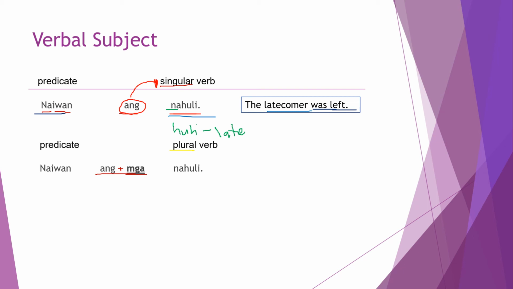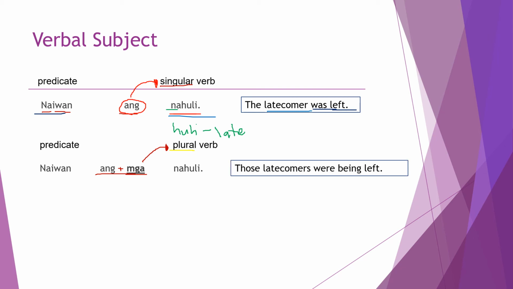So, the verbal subject in here is ang mga nahuli, making it plural. So, the translation for this is, can you guess it? Alright, those latecomers were being left, or just the latecomers were being left.